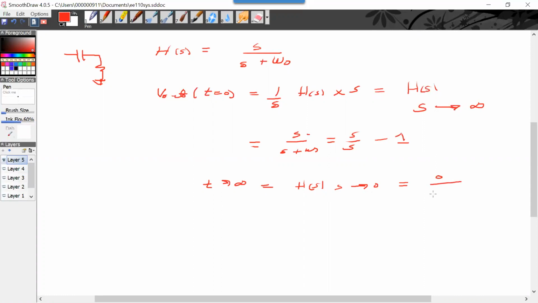We have 0, 0 plus omega naught goes to 0, right? And so the transient response to a step, that's 5 tau, or 5 divided by omega naught, that's 1, that's 0.